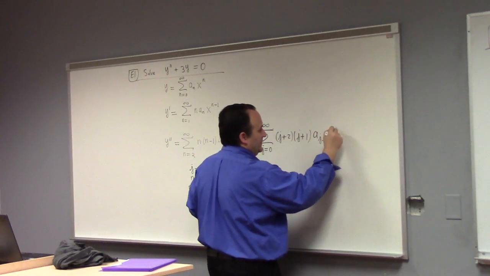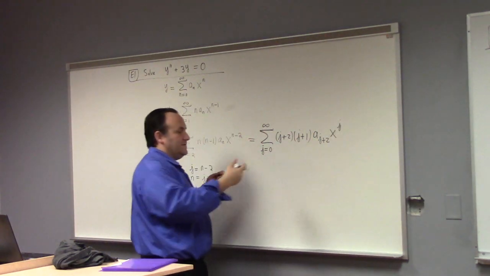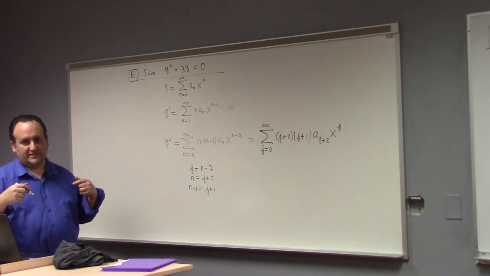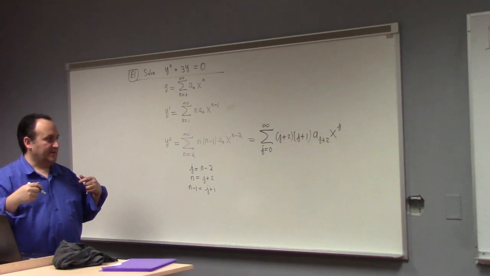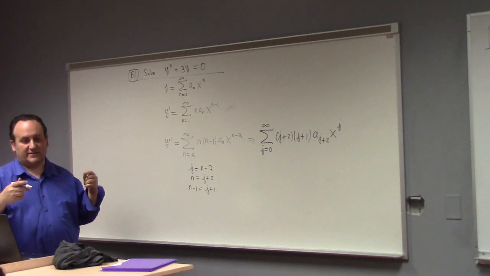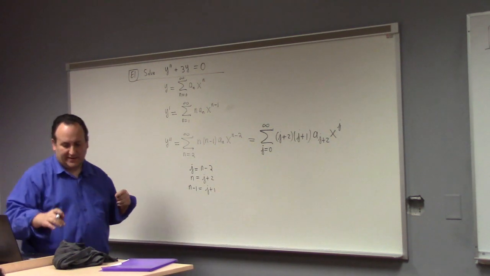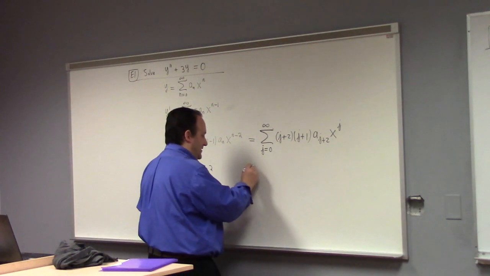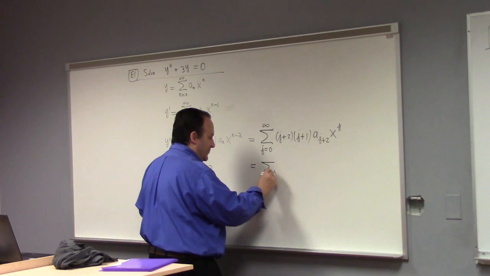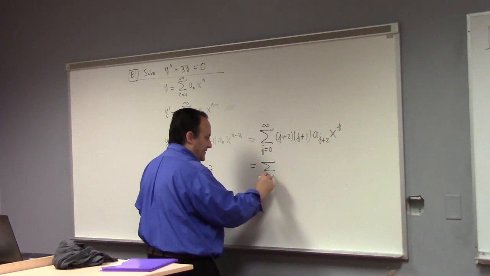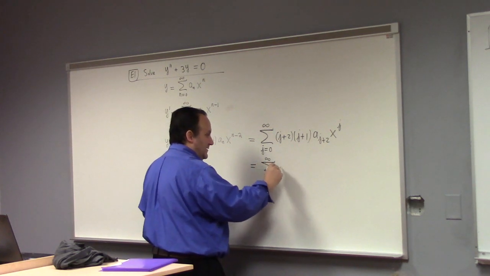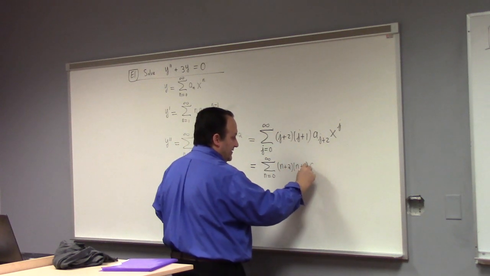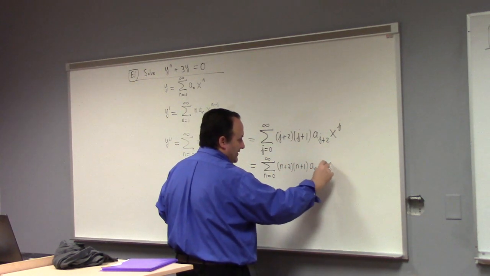Now, it's useful to switch the letter back to what we started. This is kind of a trick. Sometimes people don't even show you the step I just made. They just go straight to what I'm about to write. And I don't like that, because I think it's good to have an intermediate step where you can see what we did. But here's the next step. The sum n equals 0 to infinity of n plus 2 times n plus 1 times a sub n plus 2 x to the n.